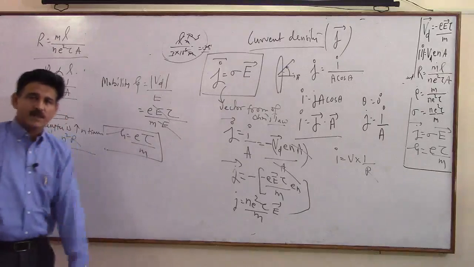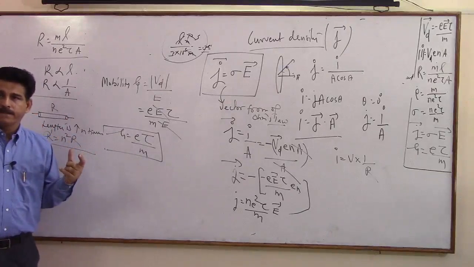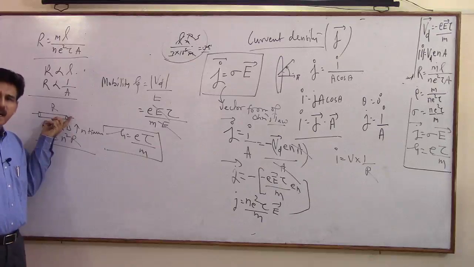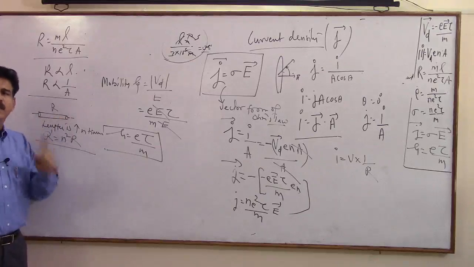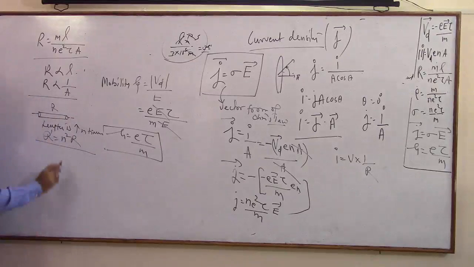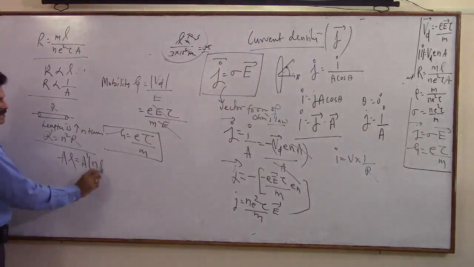Why? Please pay attention. What would not change? Will the density of material change? Will the mass of material change? No. Will the volume of the material change? No. So if the volume doesn't change, area earlier into length earlier is equal to area new, that is A prime, into new length, that is NL.